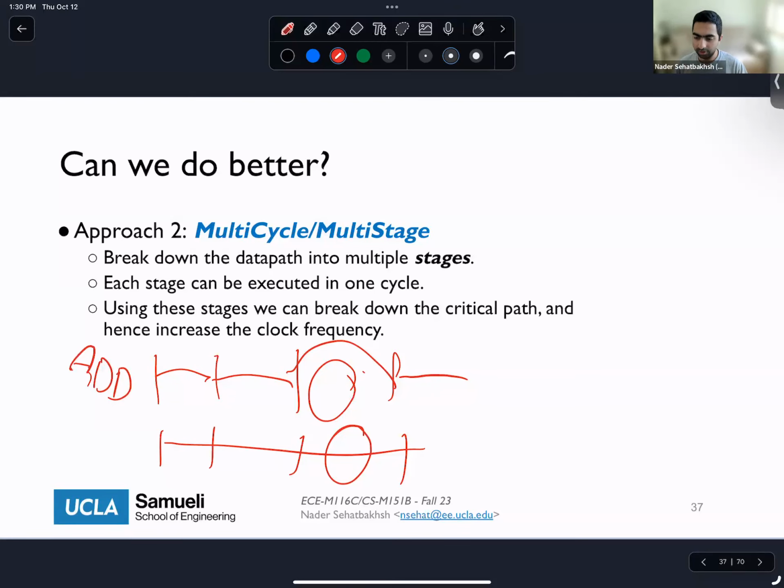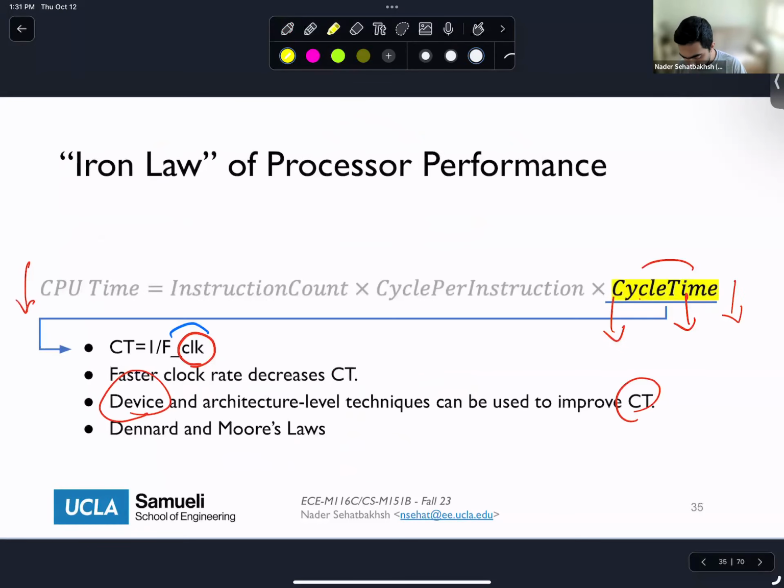The problem with multi-cycle is that the skipping is not the most efficient thing to do because there are lots of things I need to add to my data path and controller to decide what to do and what not to do, when to skip and when not to skip, and so on and so forth. In reality, this multi-cycle approach is really not much better than single cycle because although I'm reducing this, I'm really not helping with cycles per instruction because things become more complicated.